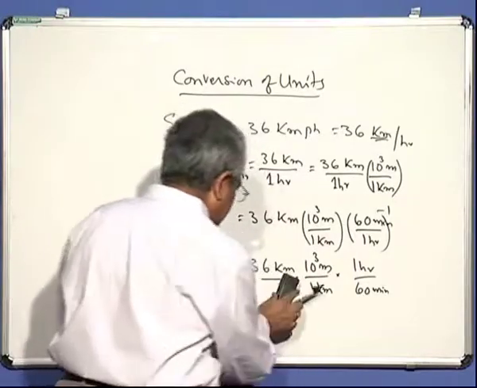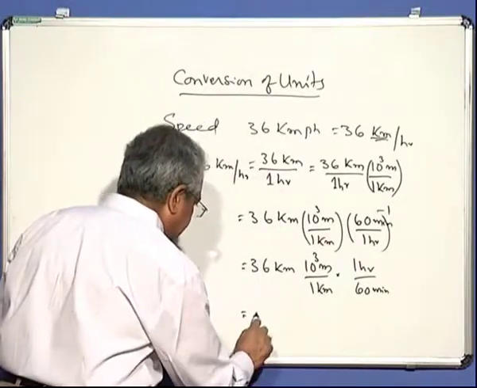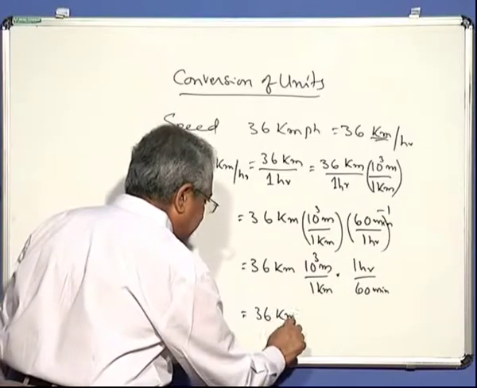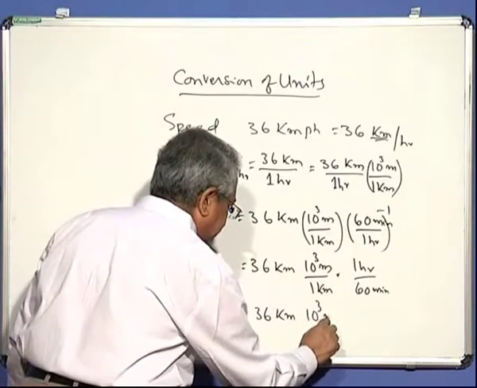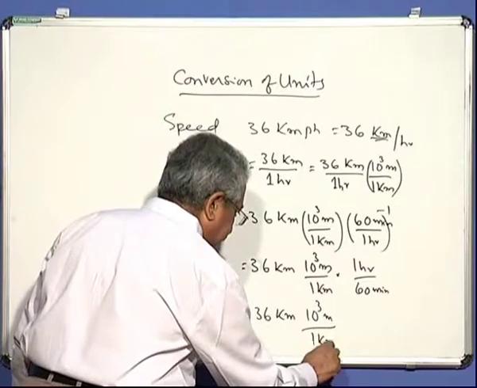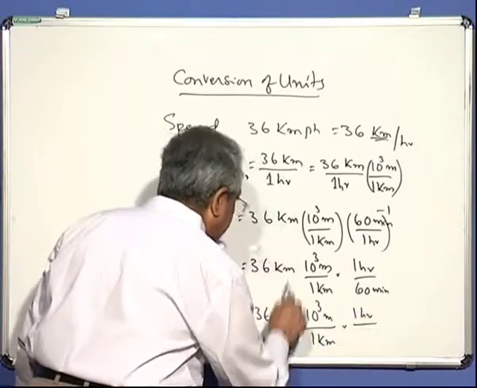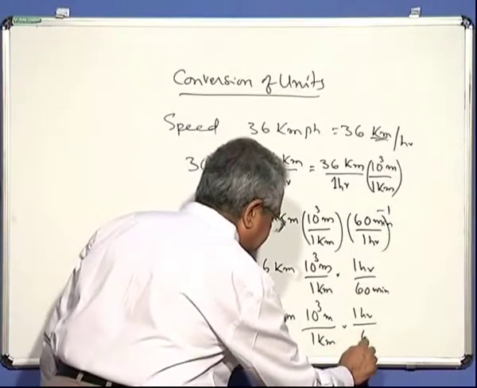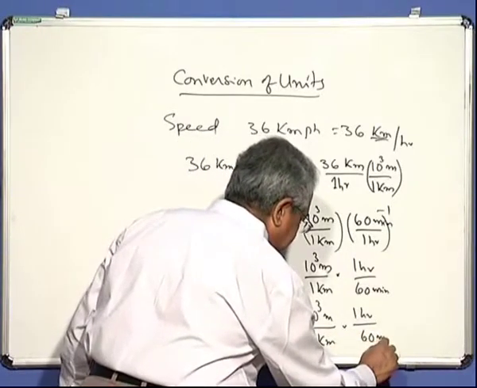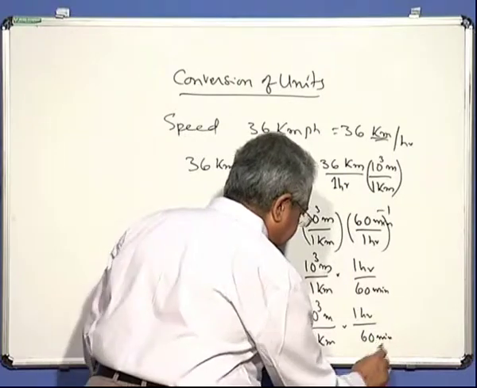Then come to seconds further. Next equivalent is 36 kilometers, 10 cubic meters per kilometer here, 1 hour. This 1 hour is originally there. And the 60 minutes is now converted into seconds.